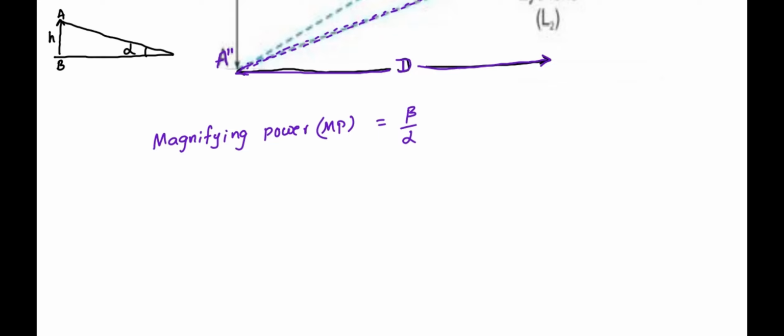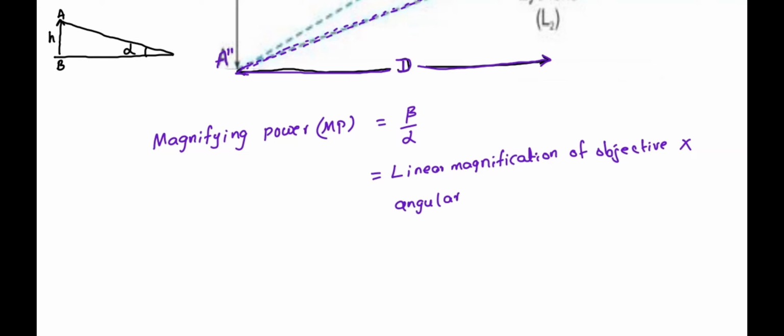We can prove that this is equal to the linear magnification of the objective lens multiplied by the angular magnification of the eye lens.